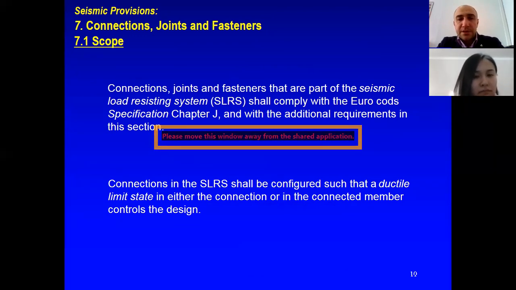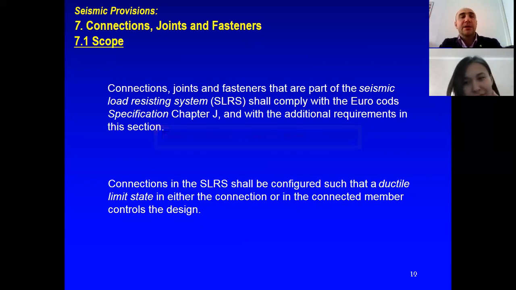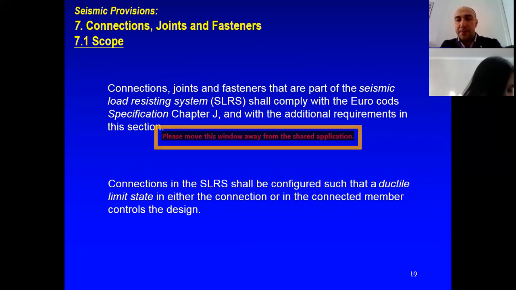The second statement above is a general reminder to designers that ductility is a goal for seismic detailing.